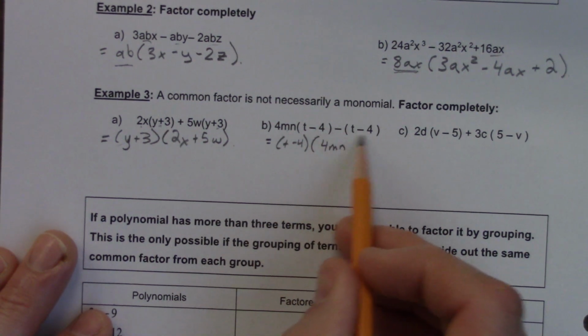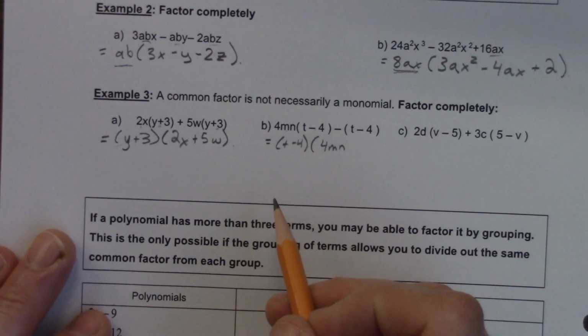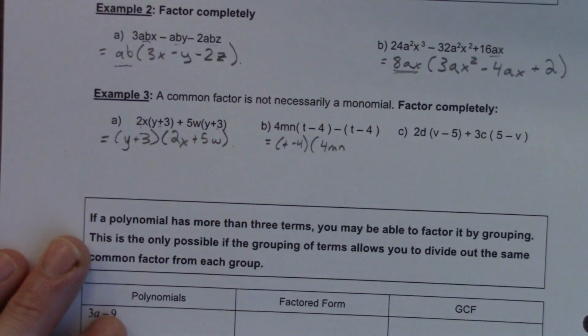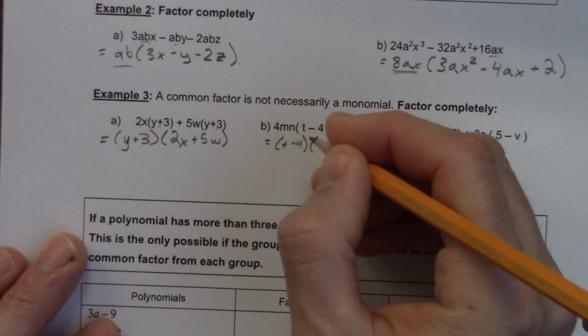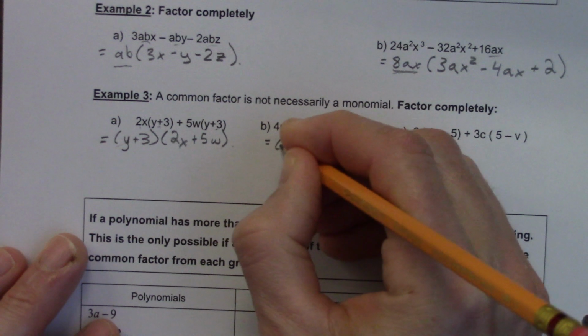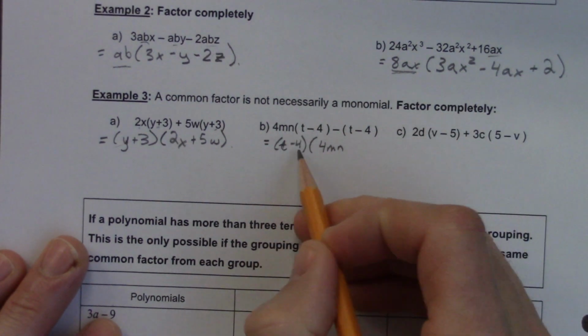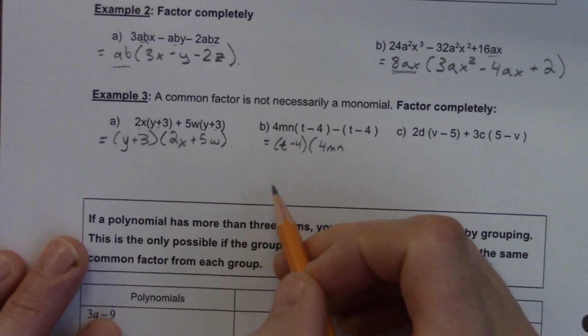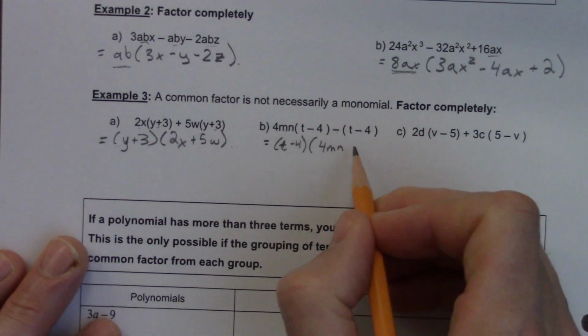So they're going to cancel out. What are you going to get? Not 0. When you divide something by itself, what do you get? 1, right. Is it going to be plus 1 or minus 1? Minus 1, because there's a negative sign right here, right?